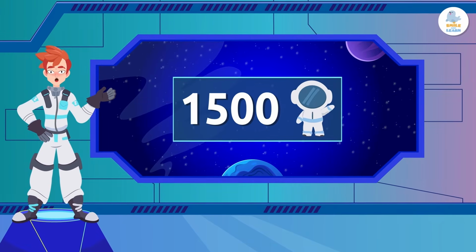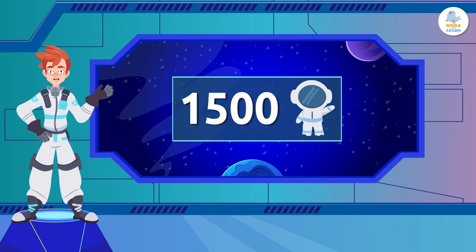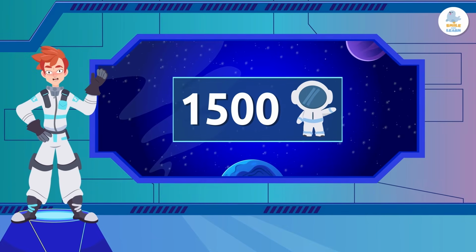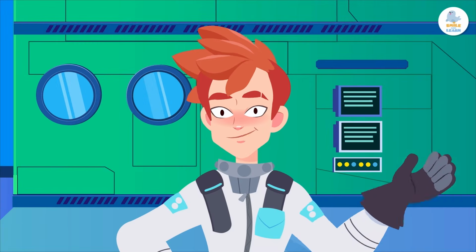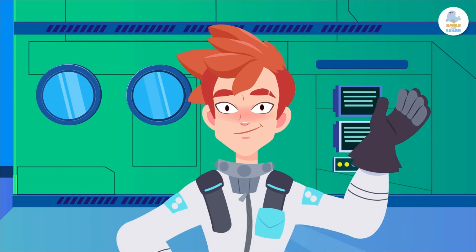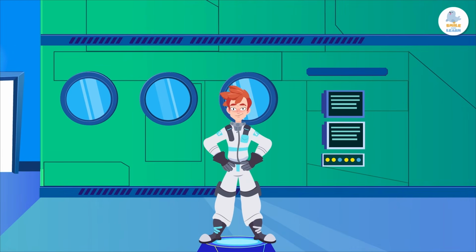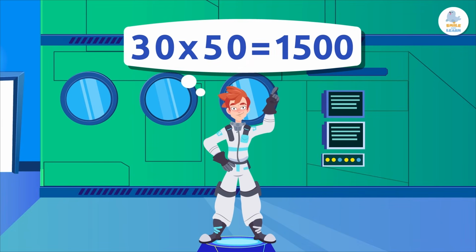Wow, 1,500 astronauts! That many people live in space? I hope they have food for all of them. It's that simple. 30 times 50 equals 1,500.